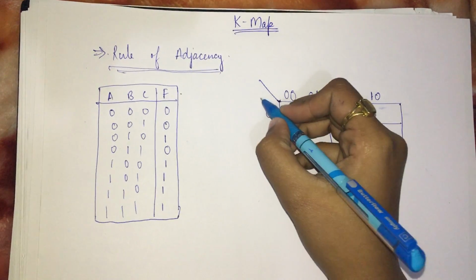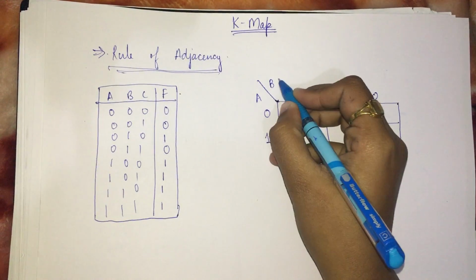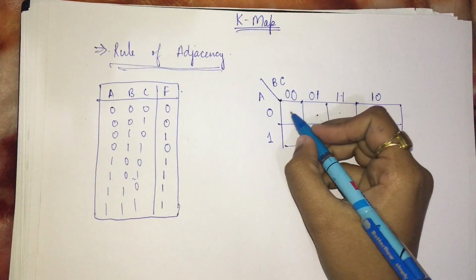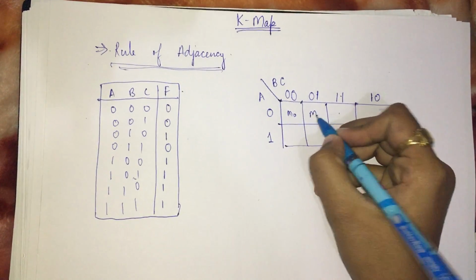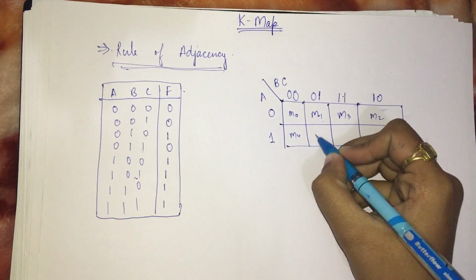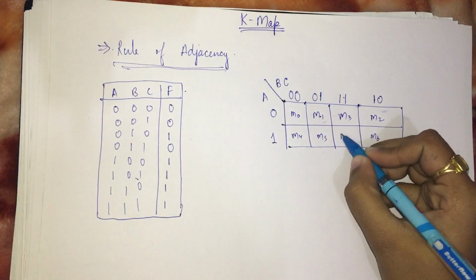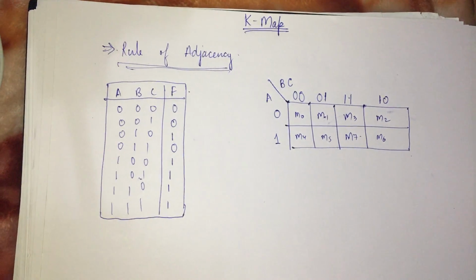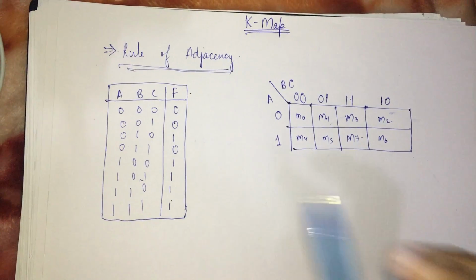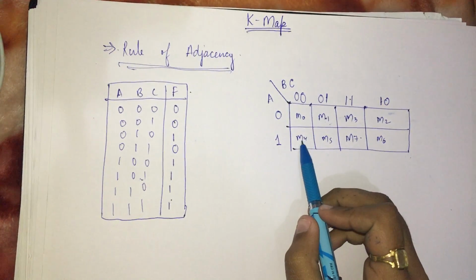So suppose this is A and this is B and C, as per this function. So this will be M0, M1, M2, M3, M4, M5, M6 and M7. So for this expression, first of all let's know how we make the grouping.